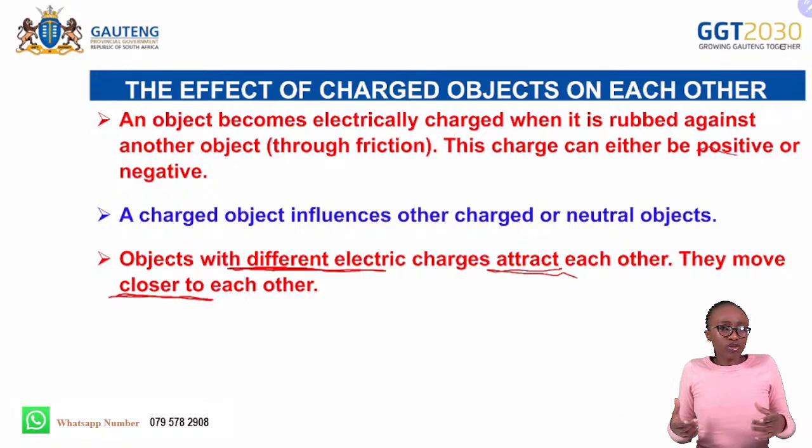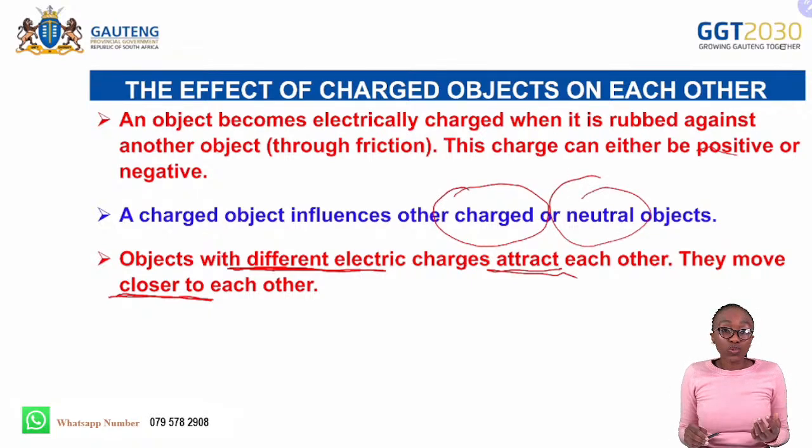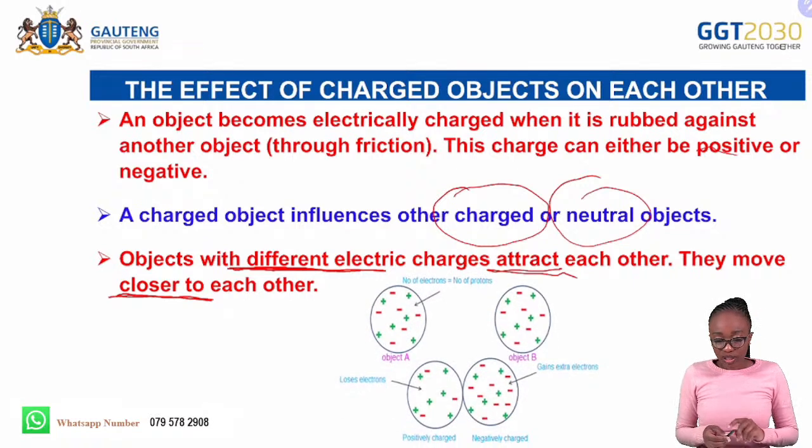Or girls, you're wearing a skirt and that skirt keeps on sticking onto your body. Why is that? Have you ever wondered? This is because when an object is charged, it becomes attracted to other objects, whether they are charged or neutral. They move closer to each other.